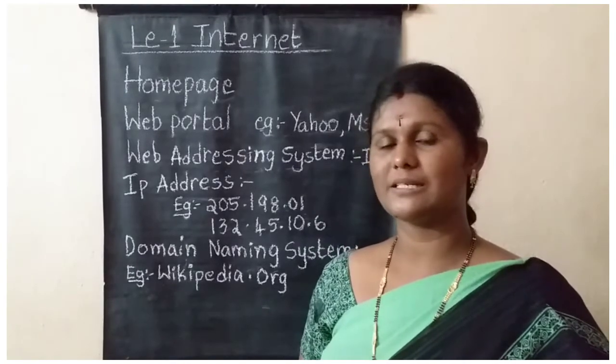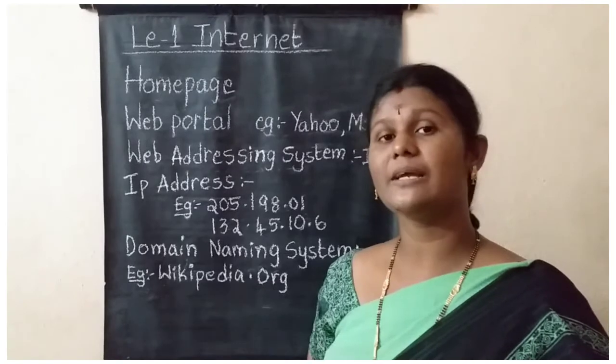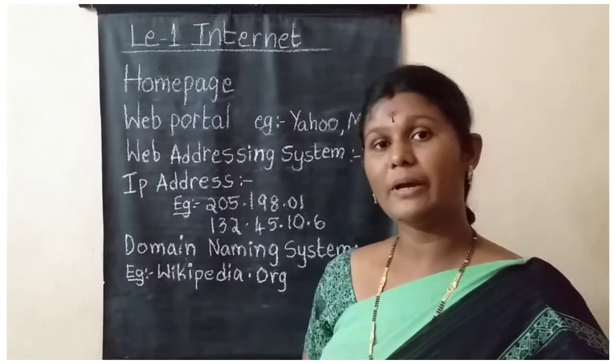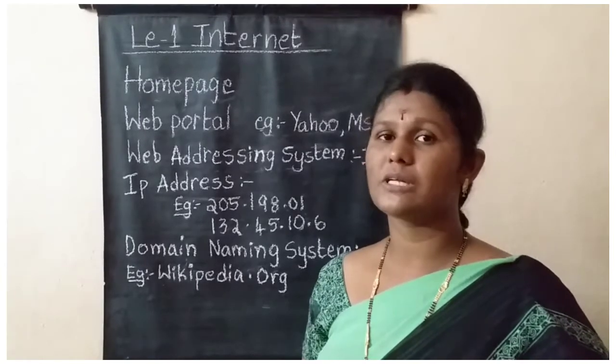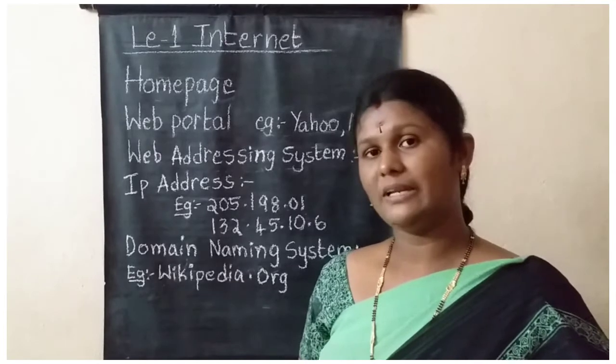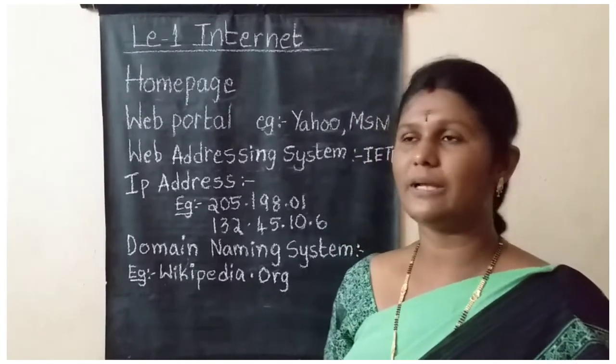An IP address is nothing but a unique set of numbers which the Internet Engineering Task Force will provide you. That number is different for all the users connected to the internet, which means millions of users have unique numbers, unique IP addresses.